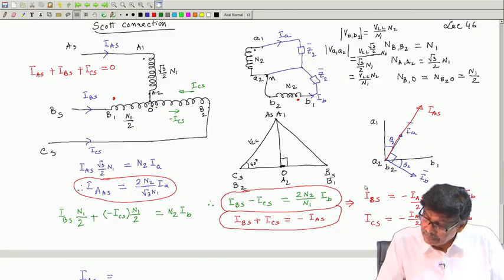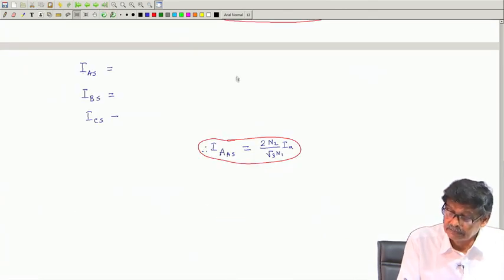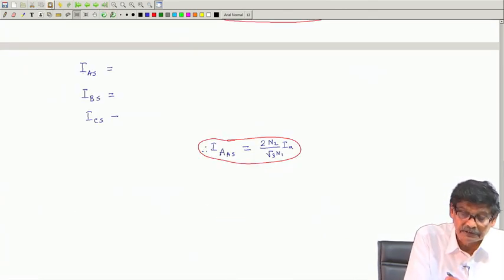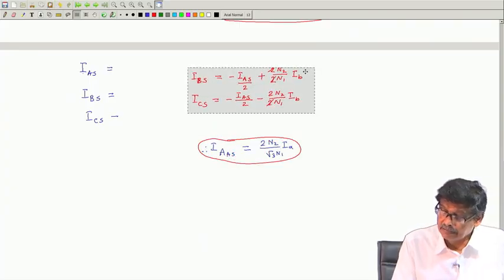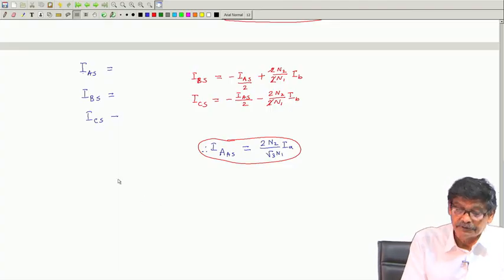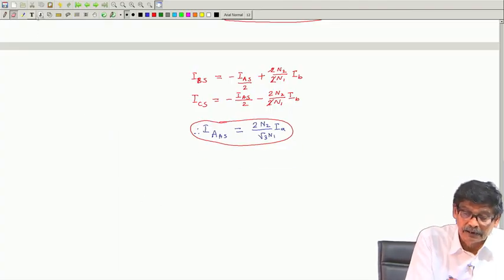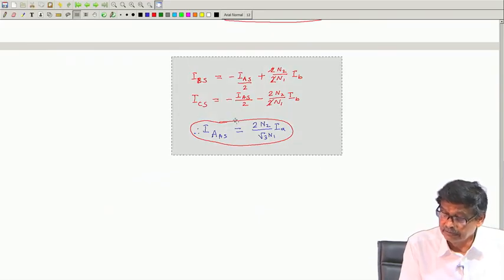So, I take this, copy it and paste it. That is all. So, this is the thing I have got. I will put it in the corner so that I can do something.